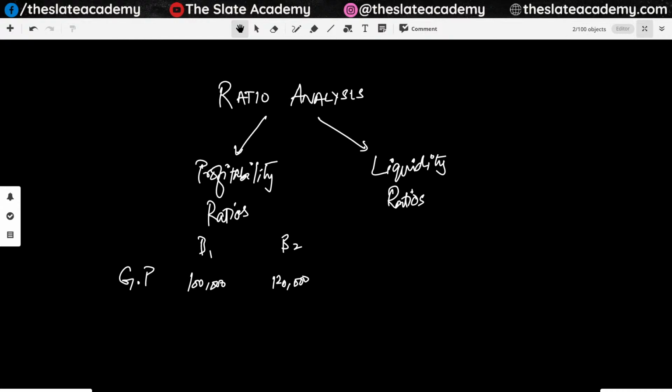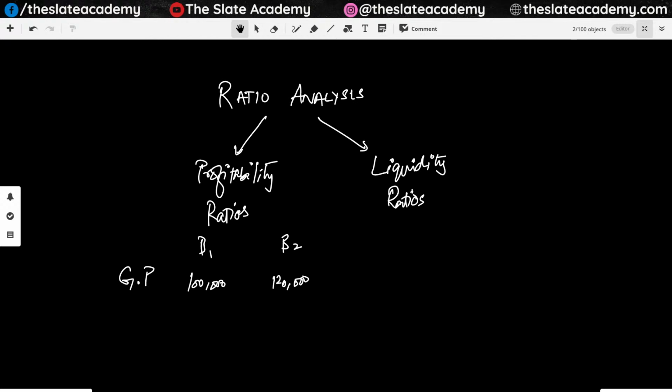So the ratio that we calculate over here is called gross profit margin, GP margin. The way gross profit margin is calculated is gross profit over revenue into 100.